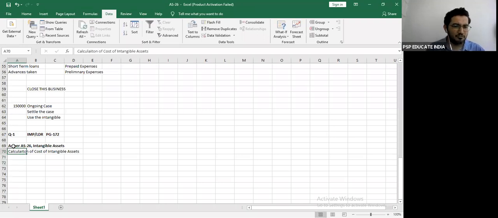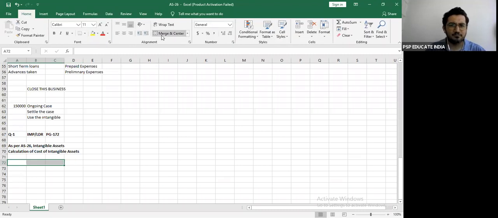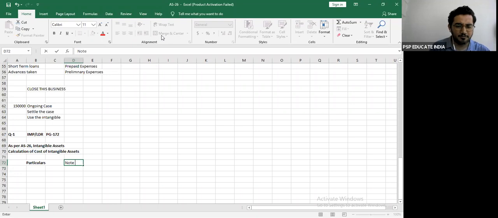Calculation of cost of intangible assets. Prepare your format. You will have particulars, note number, amount should be in rupees. Prepare systematic format.